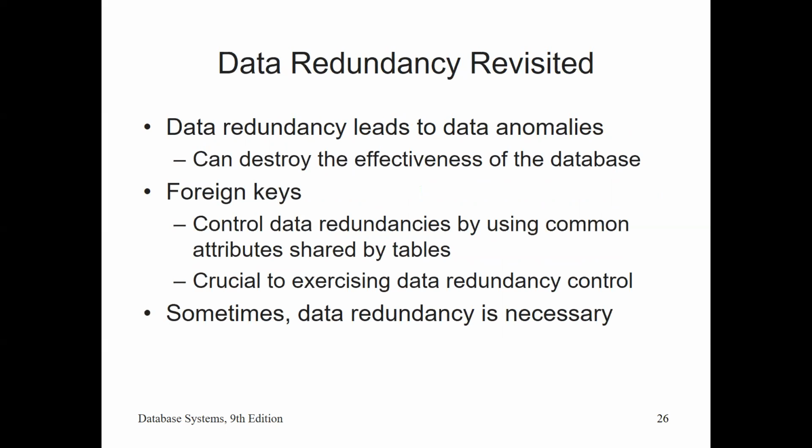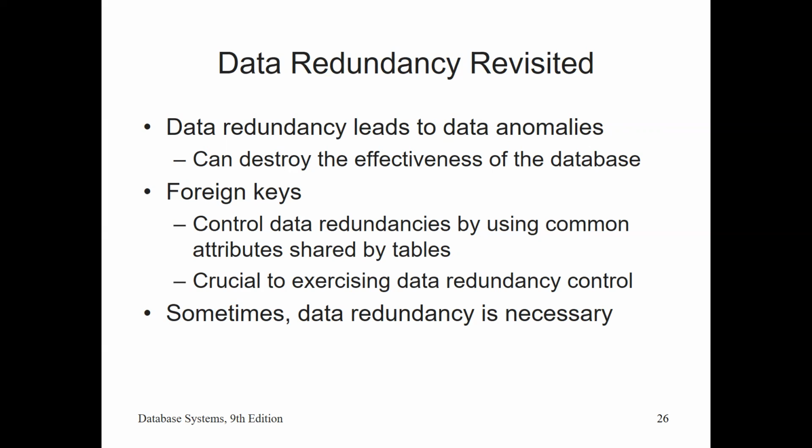Data redundancy revisited. Data redundancy leads to data anomalies. Those anomalies can destroy the effectiveness of the database. You also learned that the relational database makes it possible to control data redundancies by using common attributes that are shared by tables, called foreign keys.